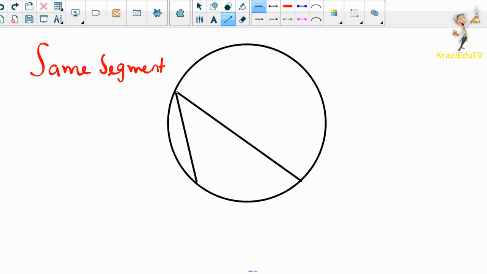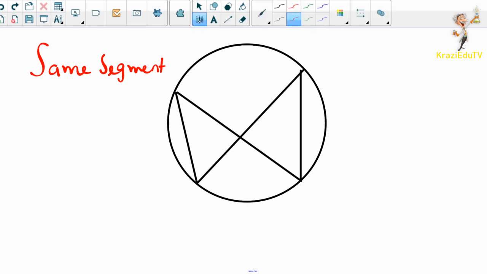Same segment. What do you know immediately? Immediately you see that, you're thinking about that angle is equal to that angle there.